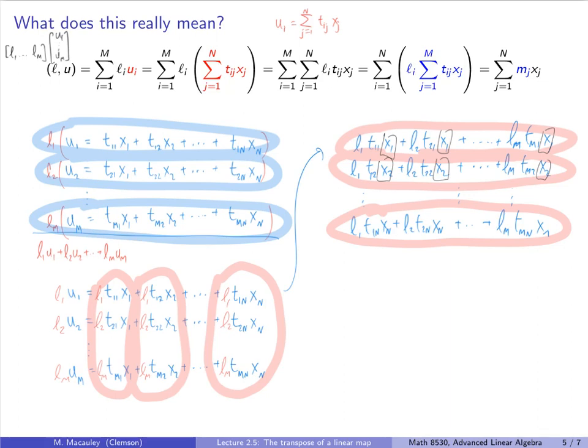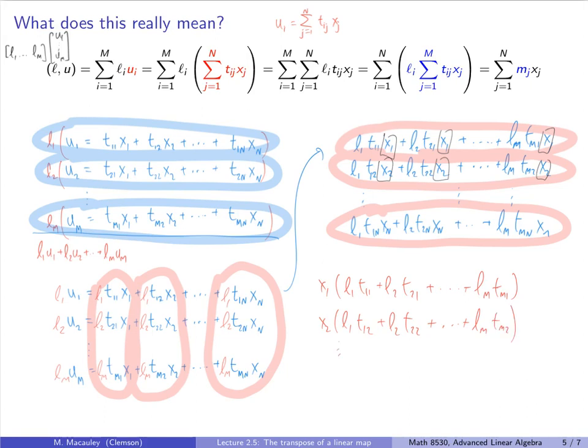So now I'm going to factor out my X1 times L1 T11 plus L2 T21 plus LM TM1. And then the next one, it's X2 times L1 times T12 plus L2 times T22 plus LM times TM2, and so forth.